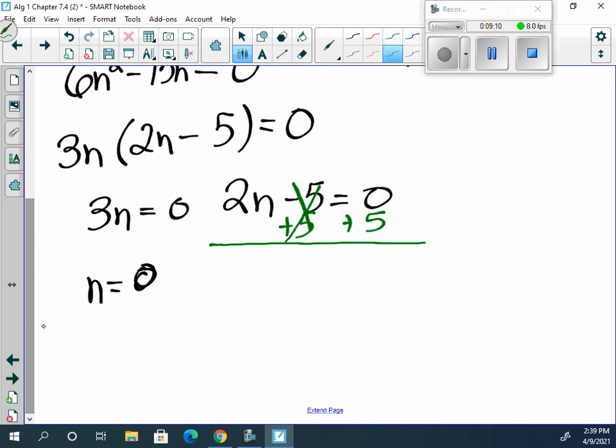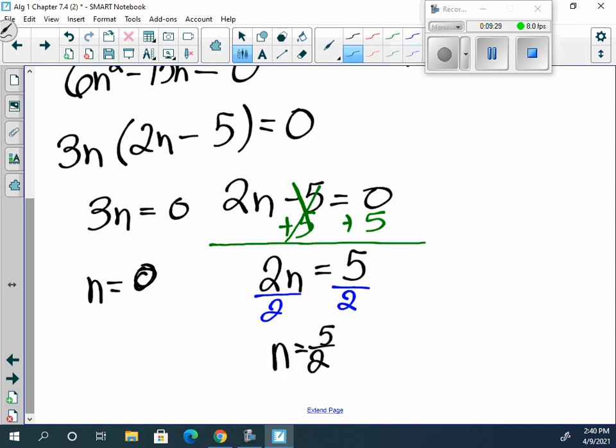Because negative 5 plus 5 would cancel, telling us 2n is equal to, and then what? 5/2. So 5/2 and 0 are our two answers. They're the two values of n that will make this function equal 0.